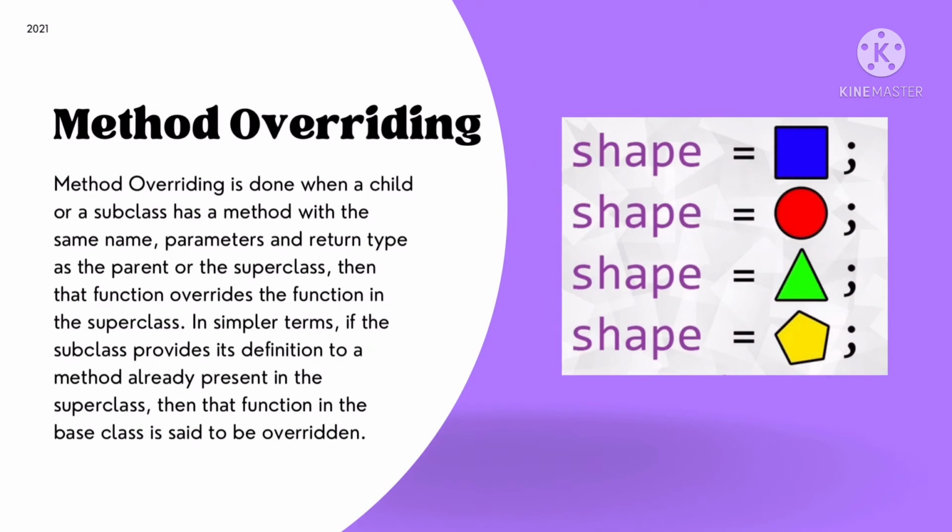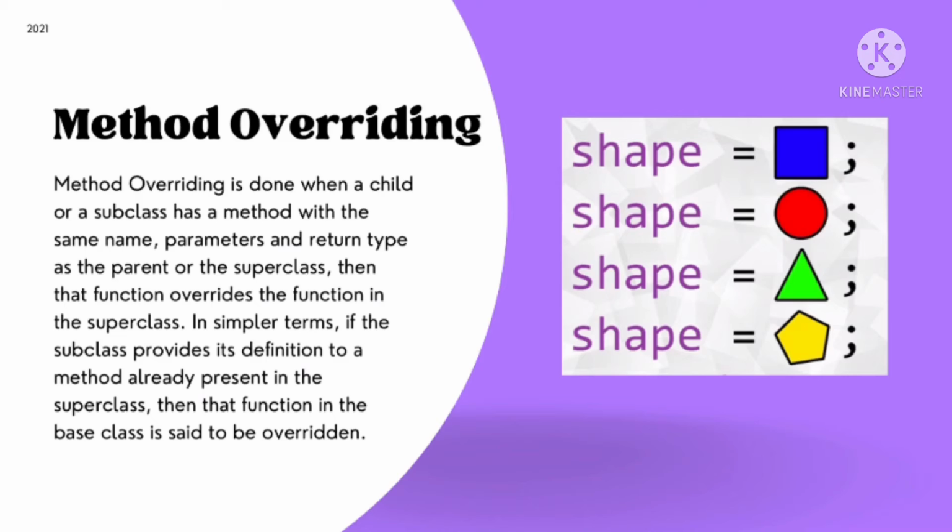Let's learn about method overriding. Method overriding is done when a child or a subclass has a method with the same name, parameters, and return type as the parent or the superclass.